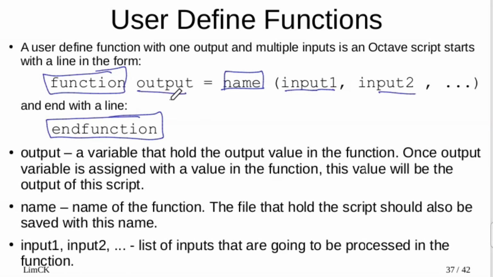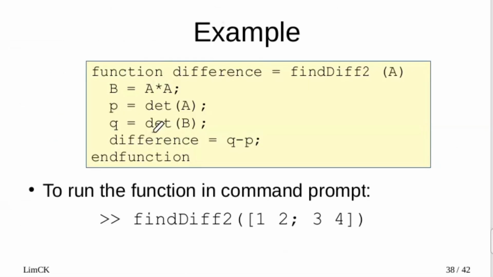Then you add all the block of code you need after the function keyword and before the endfunction. Let's look at this example. This example shows us a function called findDiff.